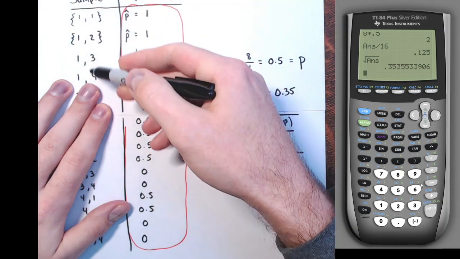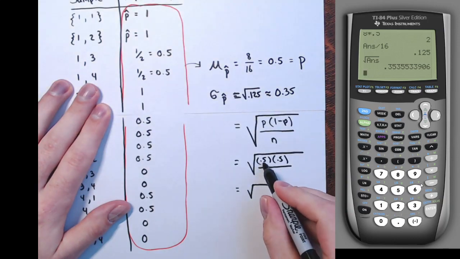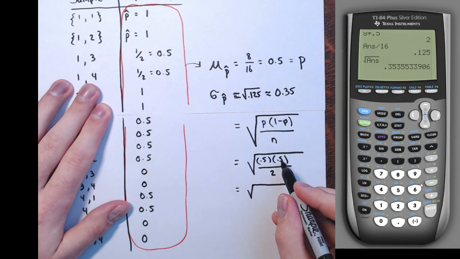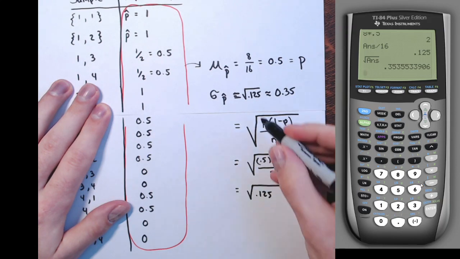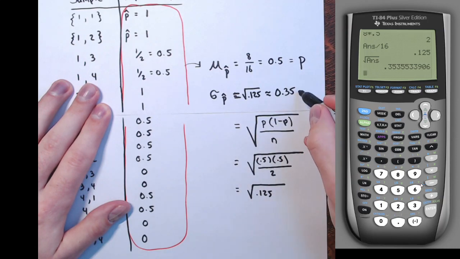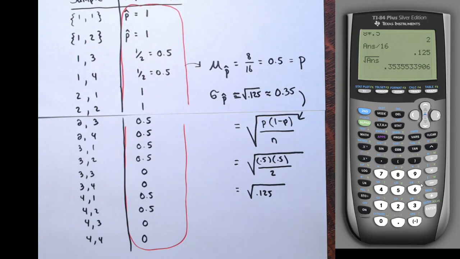Right, all these samples were size 2. That's the square root of 0.5 times 0.5 is 0.25, then divided by 2 is 0.125. Hey, look, it is exactly the same. So this formula works for the standard deviation of all these sample proportions.